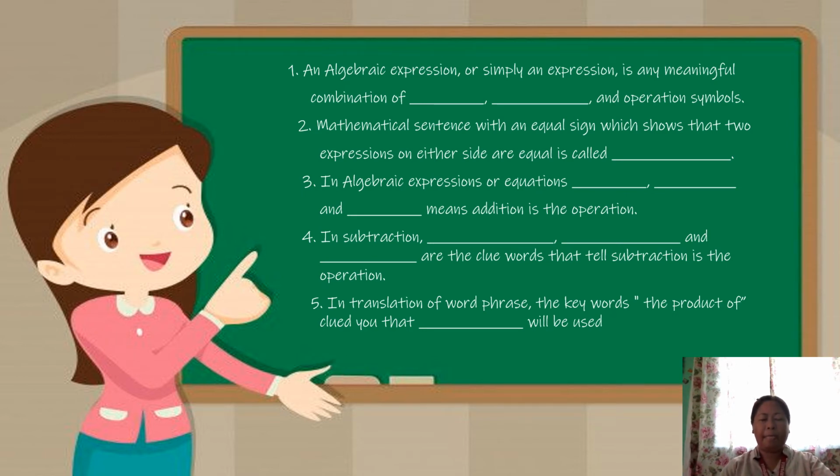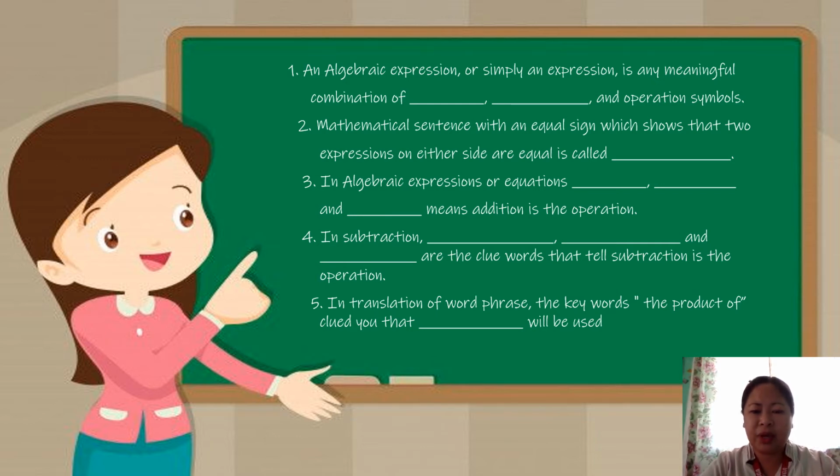Number 1. An algebraic expression, or simply an expression, is any meaningful combination of blank and operation symbols. Number 2. Mathematical sentence with an equal sign which shows that two expressions on either side are equal is called blank. Number 3.